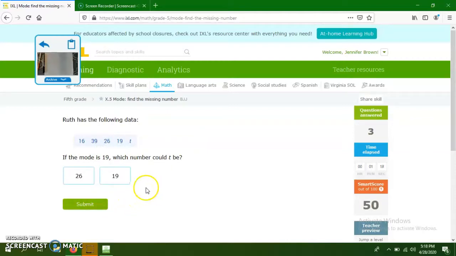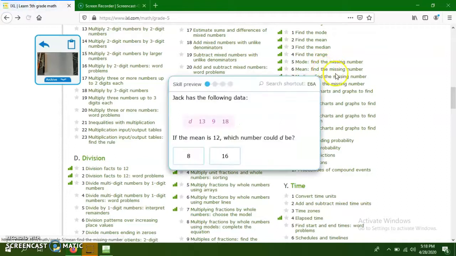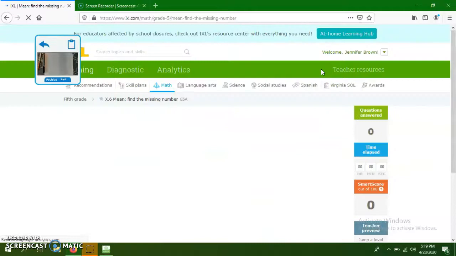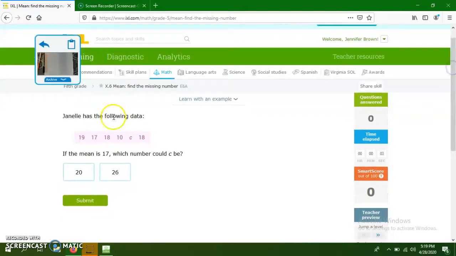So now we are going to go back and look at what we would do if we wanted to find the missing number for mean, X.6 on IXL. Now, mean is our average, so mean means that we're going to have to add up all of the data and divide by however many numbers there are.